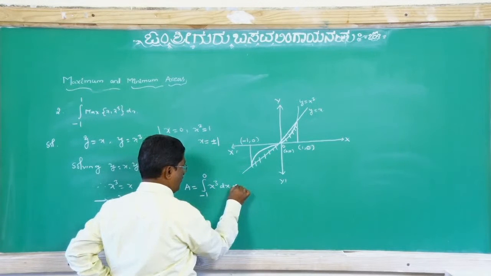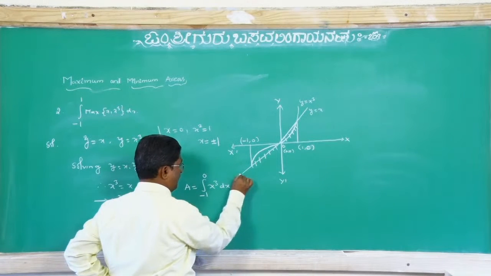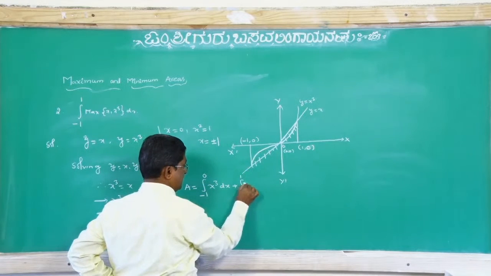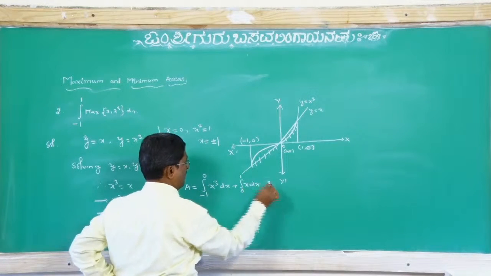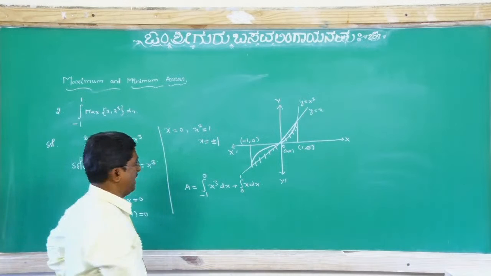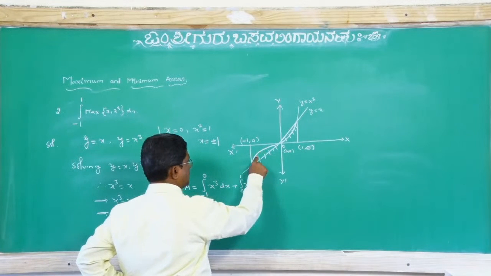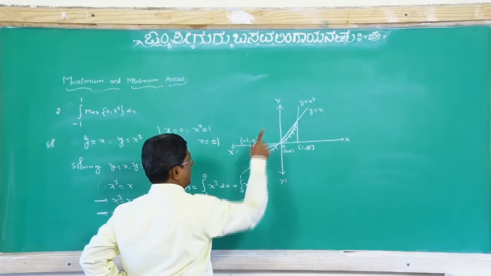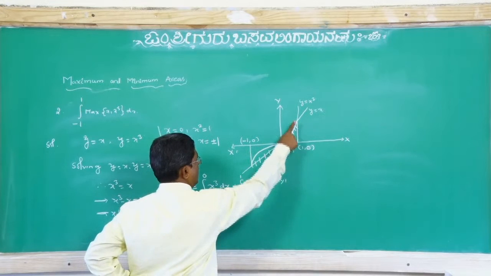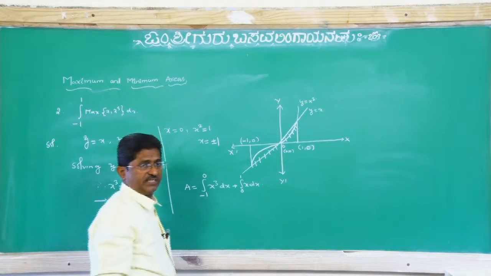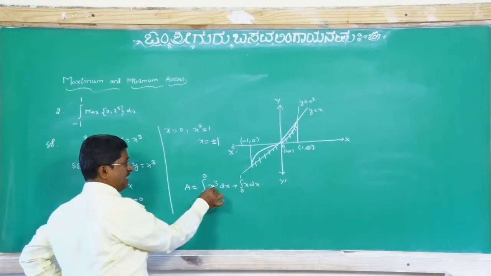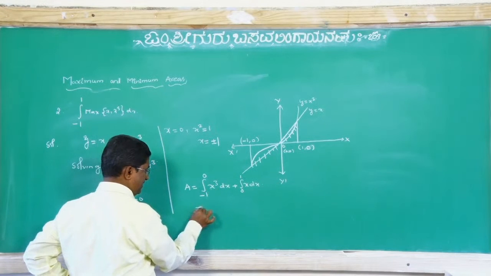But from 0 to 1, if you observe, the function can be written as x dx. Between minus 1 to 0, the maximum of the function is y is equal to x cube. From 0 to 1, the maximum of the function is y is equal to x. We have to calculate this area, which means integrate.